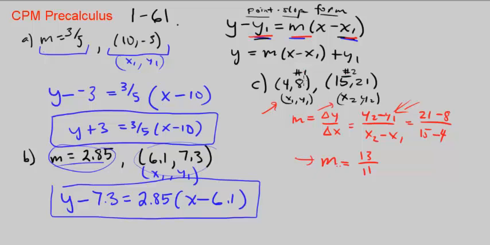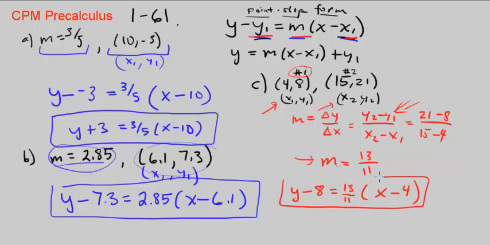Since we called this number 1, I'm just going to stick with that. So it's y minus y1, which is 8, equals our slope, 13 divided by 11, times (x minus x1), which is 4. And there you have the point-slope form of the line that passes through these 2 points.